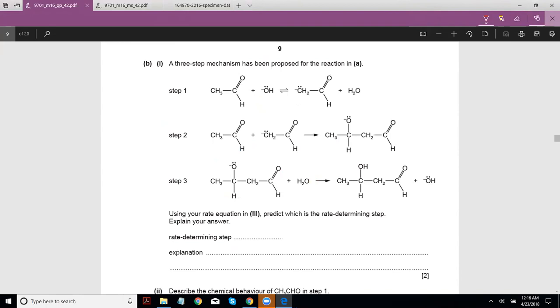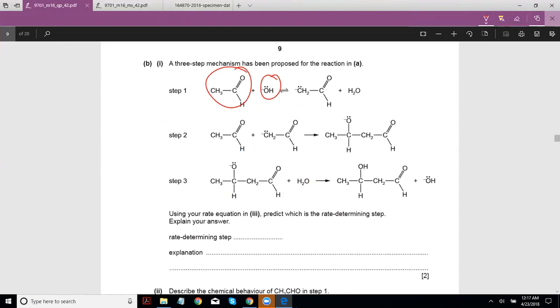If you look at step 2, OH has no role in step 2, and none in step 3 either. So it would be step 1, because you have the OH group reacting with the aldehyde, both there as reactants.